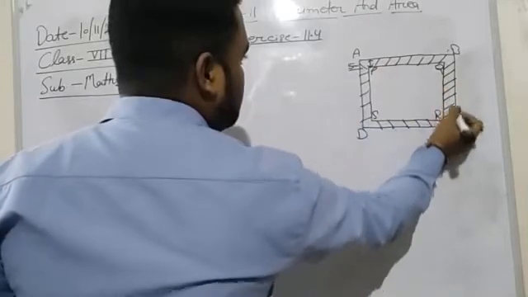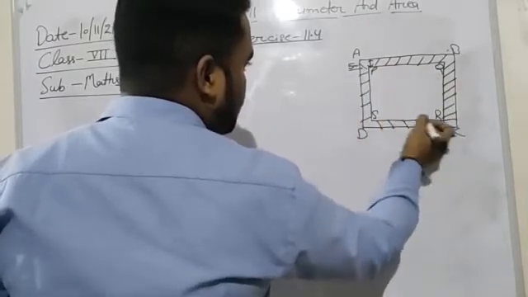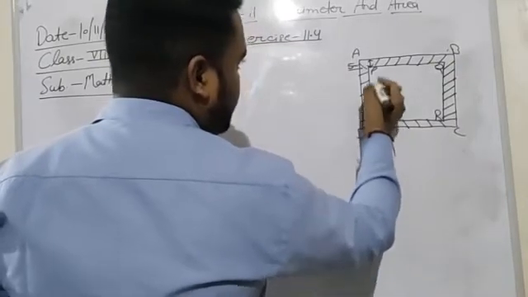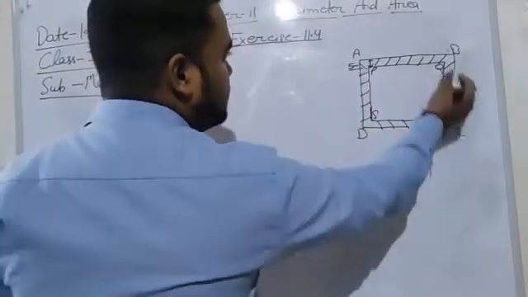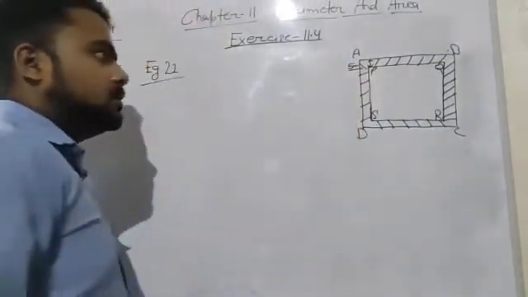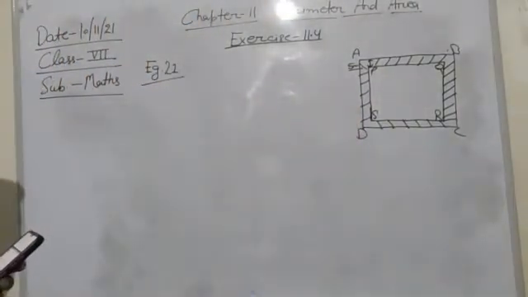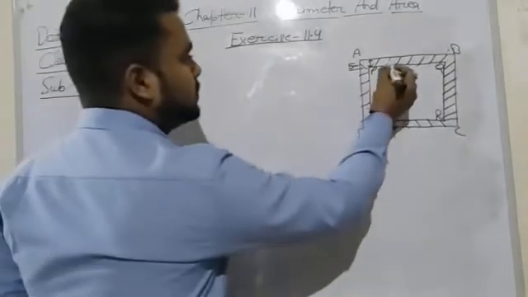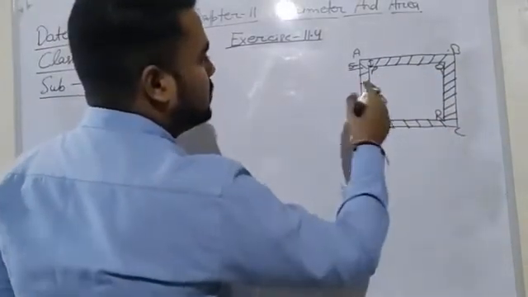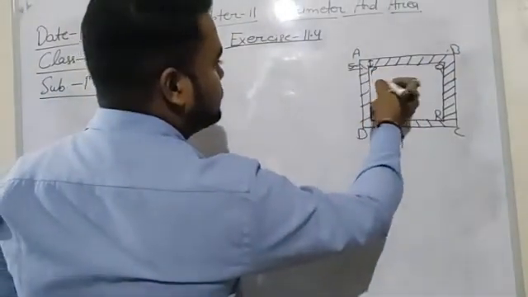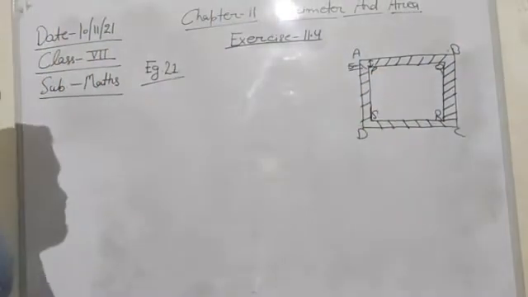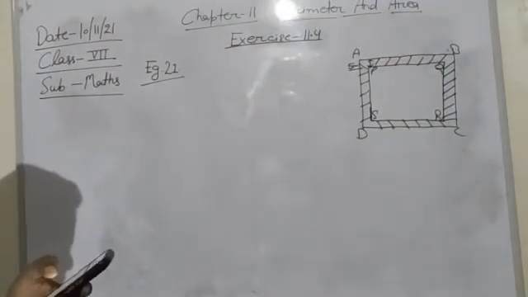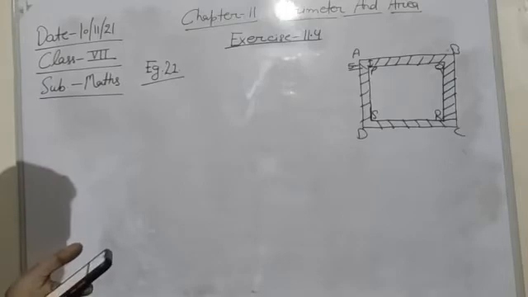This is the field in the shape of a square, and around it there is a path of 5 meter width, and we have to find the area of the path. We also have to find the cost of constructing this path around the field.